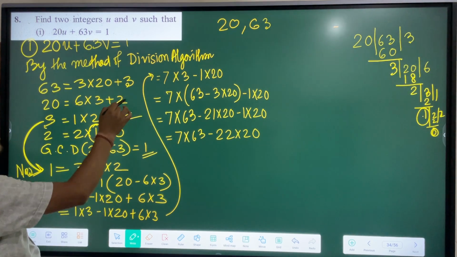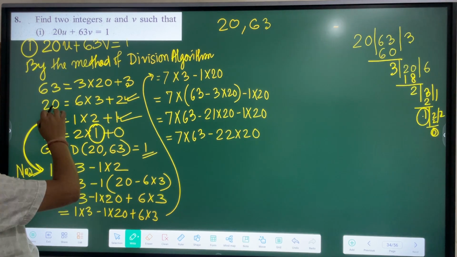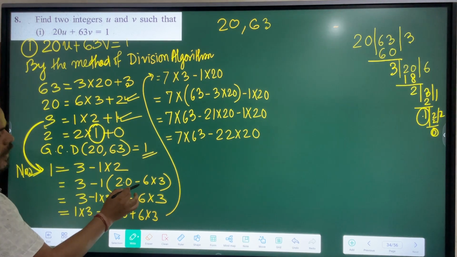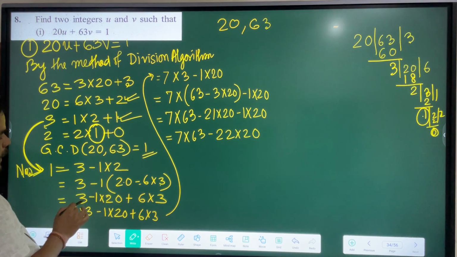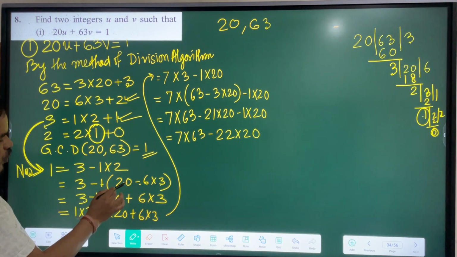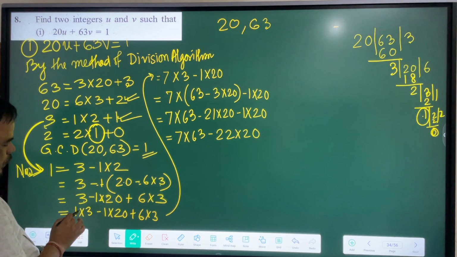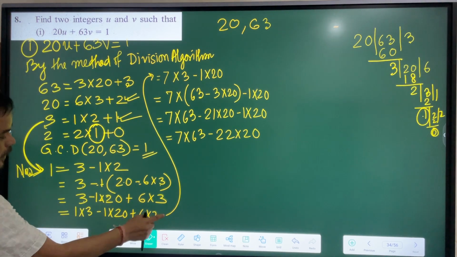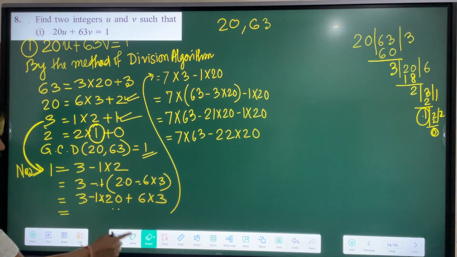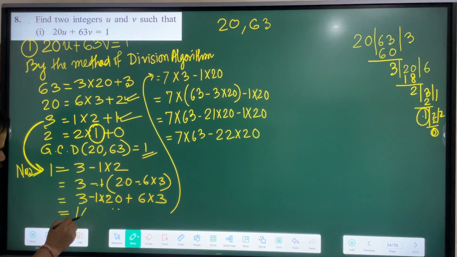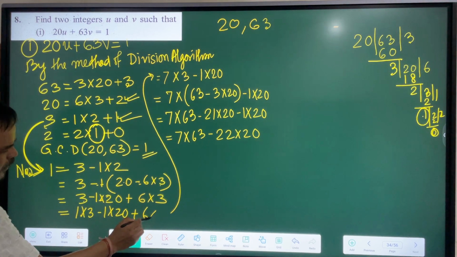So where is 2? 2 is equal to 20 minus 6 into 3. So 3 is kept as it is, minus 1 into (20 minus 6 into 3), which gives 1 into 3 minus 1 into 20 plus 6 into 3.